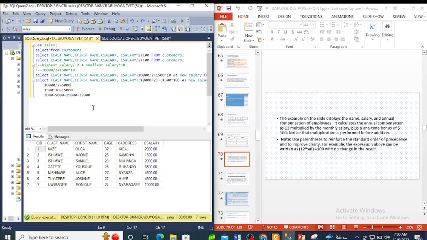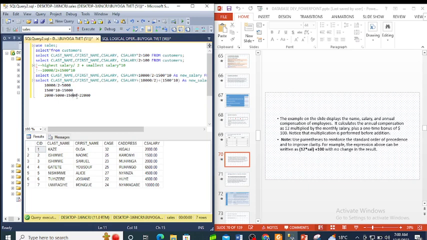Then let's see our expectation. We have the salary of Kaze, which is 2000. Then we take 2000, we add the 10,000 divided by 2, which is equal to 5,000. We add 1,500 times 10, which will be 15,000.